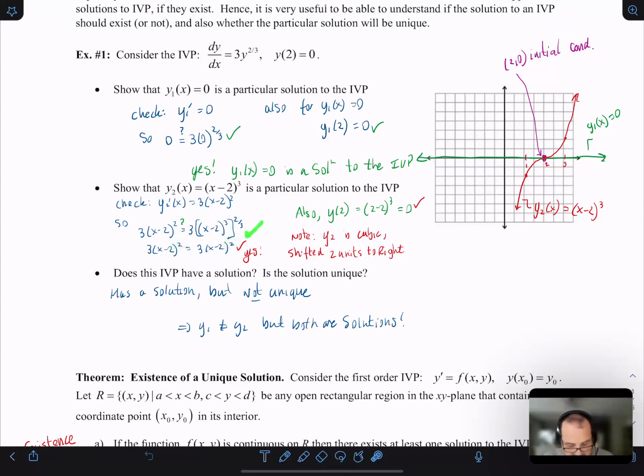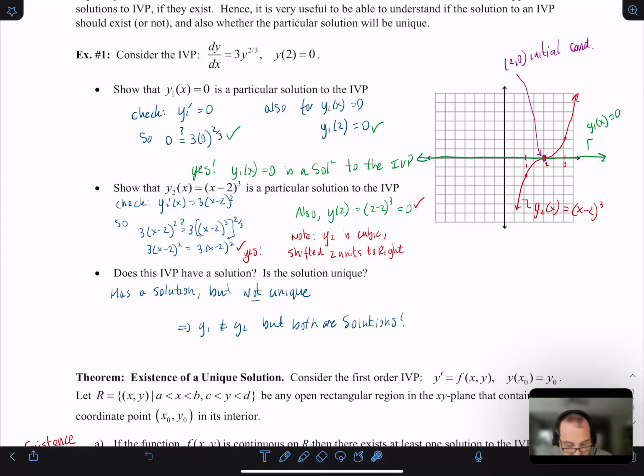So this function does solve the differential equation. Also, we can check, does it satisfy the initial condition? If we put x equals 2 into the original function, we indeed get 0. So here is another solution to this particular initial value problem.